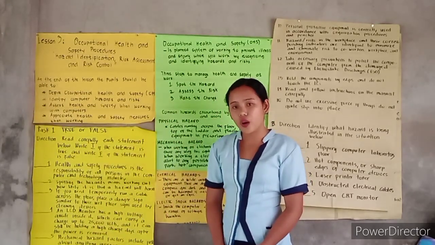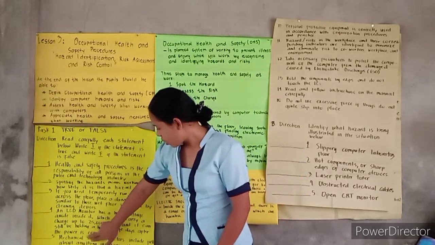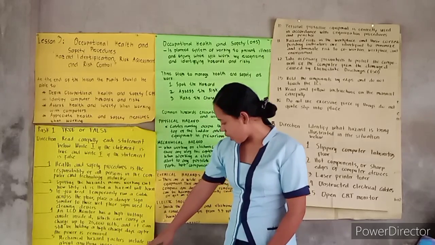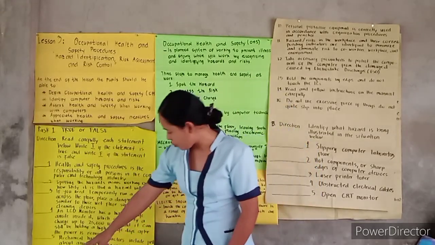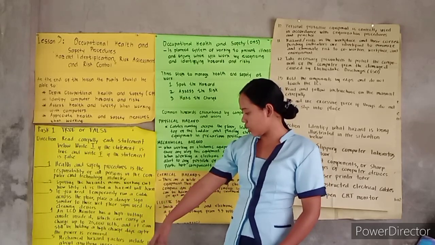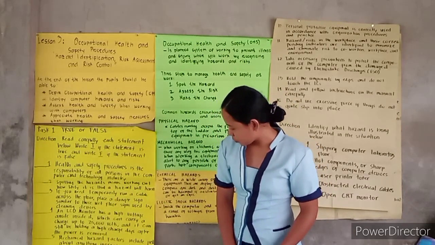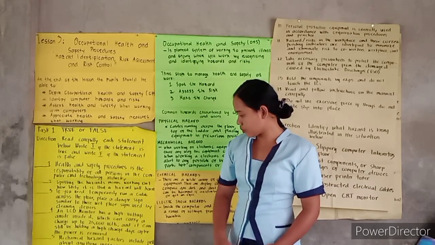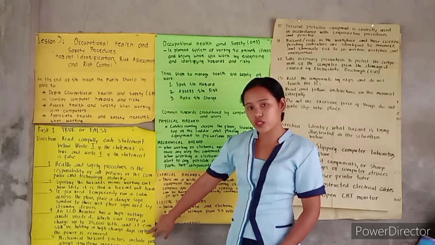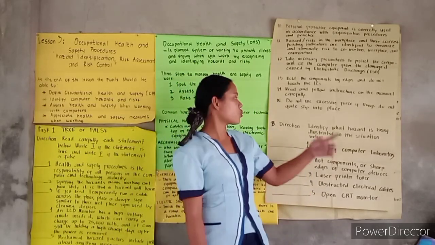Is it true or false? Okay, very good. False. Mechanical hazard factors include just about anything inorganic that moves or can injure you. Is it true or false? Okay, very good. False.